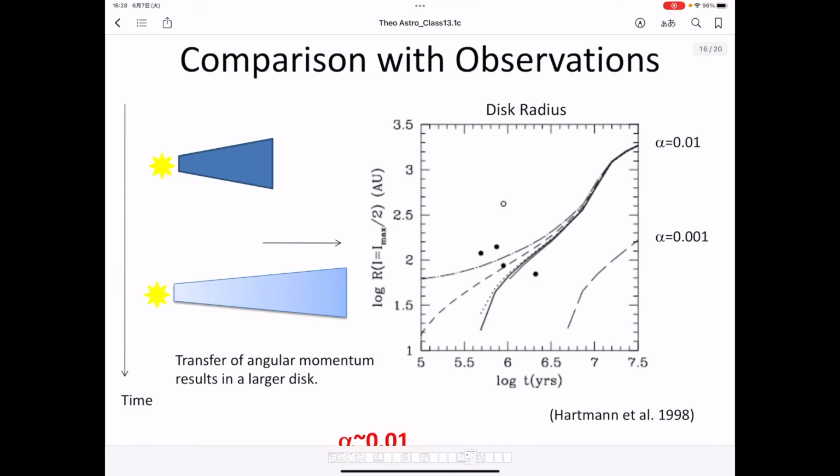In the comparison with the observations, a disk expands because some gas molecules gain angular momentum and move outward. The horizontal axis shows the age of a disk, and the vertical axis is the radius of a disk. The radius of the disk follows the curve given by α equals 0.01. From this comparison with the observations, the good value to approximate this accretion disk is α equals 0.01.